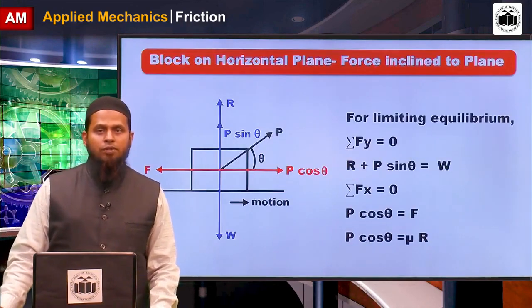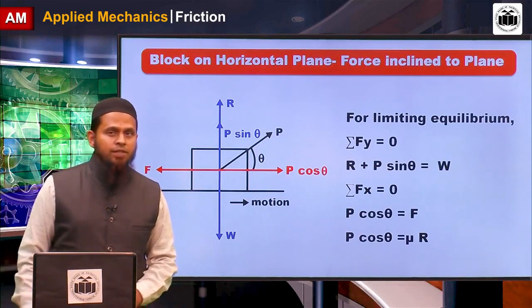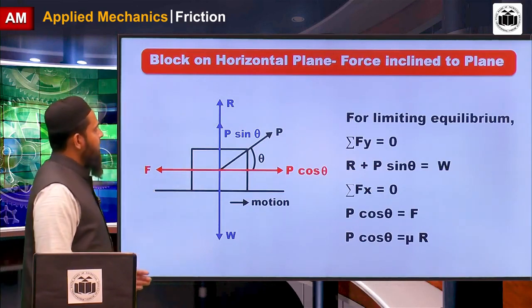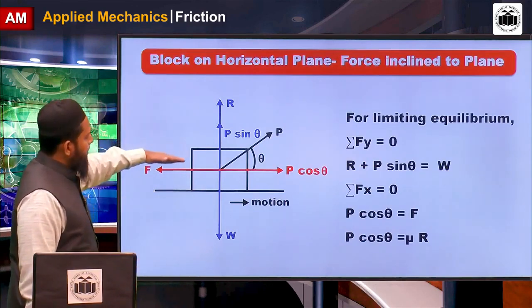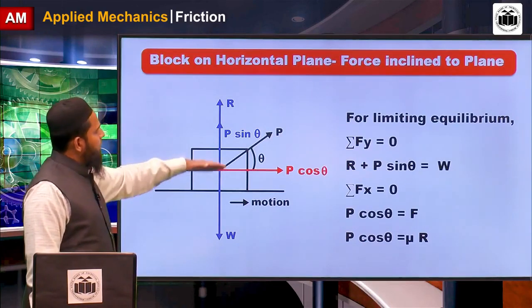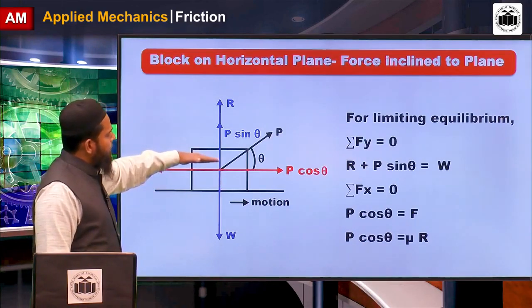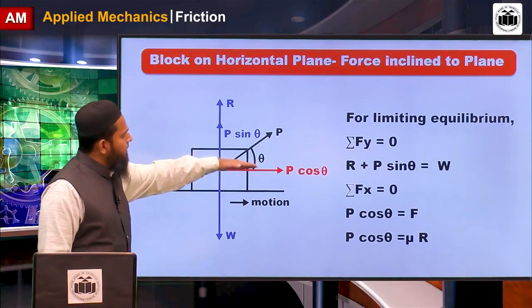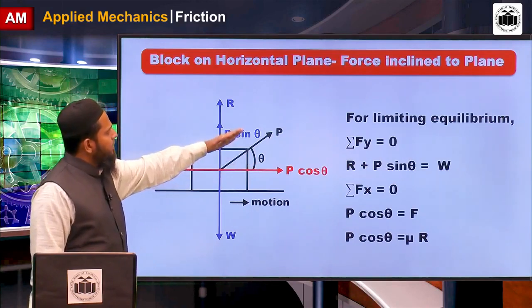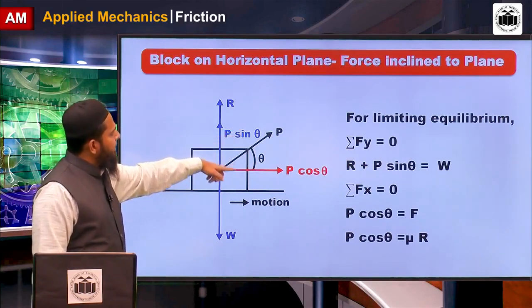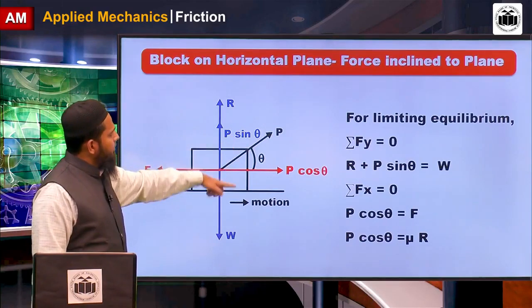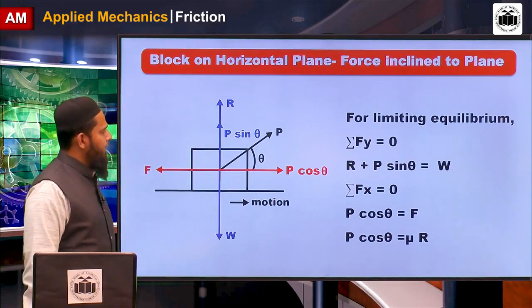Now, block on horizontal plane, but force is inclined to the plane. In previous problems we have seen the block is on horizontal plane, but force is parallel to the plane. Now, in this problem, the pulling force is inclined with theta degree to the horizontal plane.